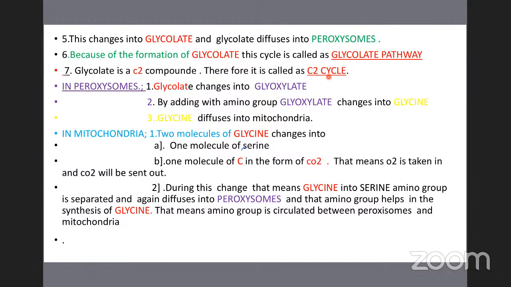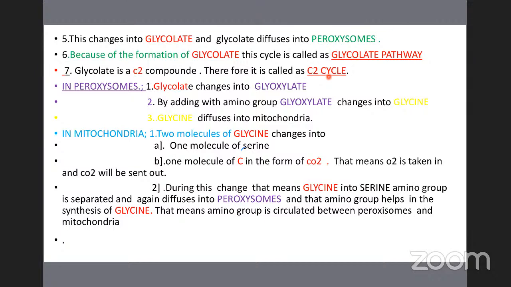But this amino group, after being released from glycine, diffuses and moves into the peroxisomes. And that amino group will be ready to bind again with glyoxylate to form glycine.